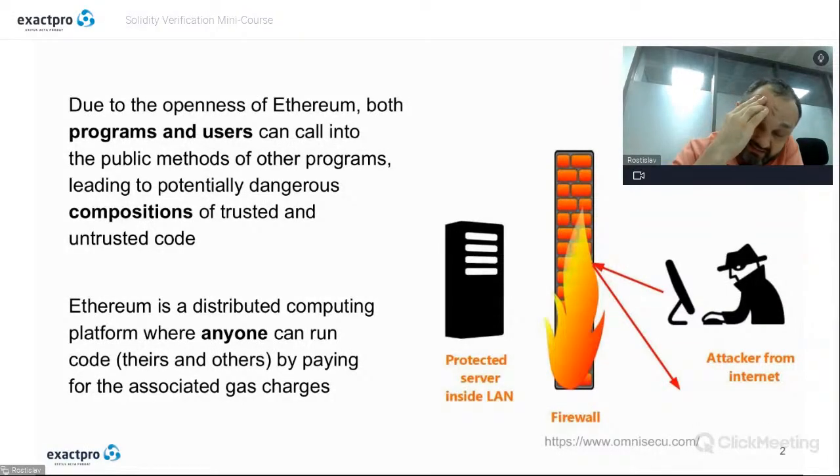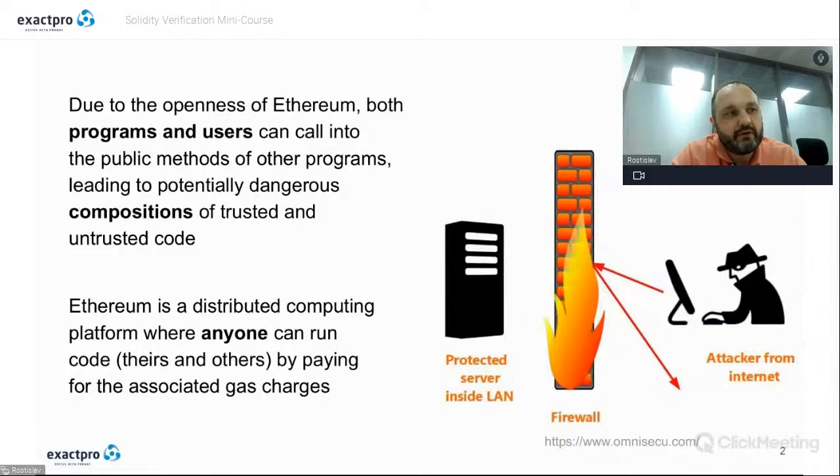This is not good, but the other problem is even more serious: it's really impossible to keep in mind all possible combinations and compositions of trusted and untrusted code. So the possible scenarios are actually unlimited.